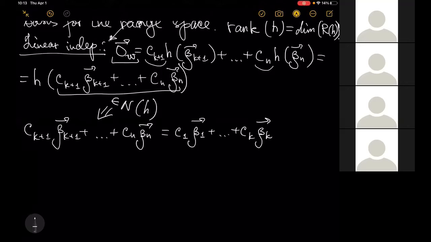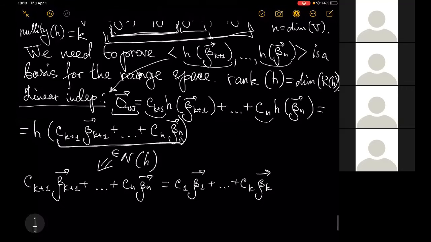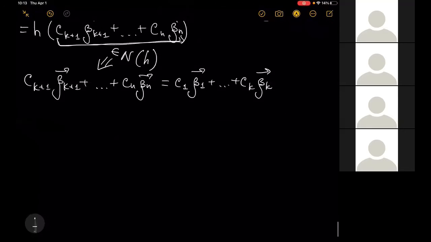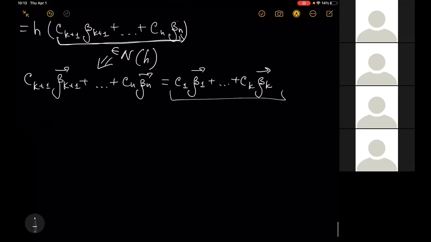Because this vector belongs to the null space. And beta 1 to beta k, have a look, they form a basis for the null space. So then, obviously, this has to be true.